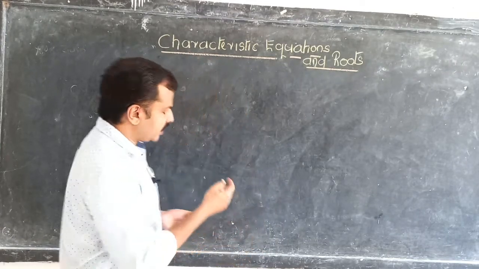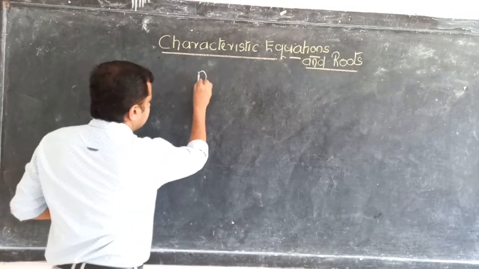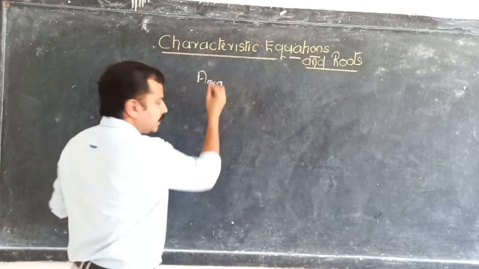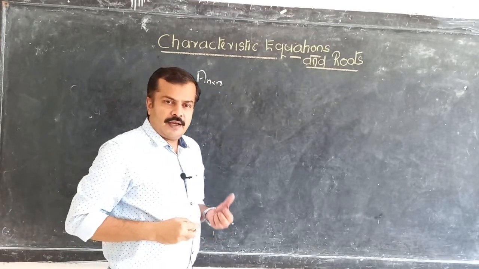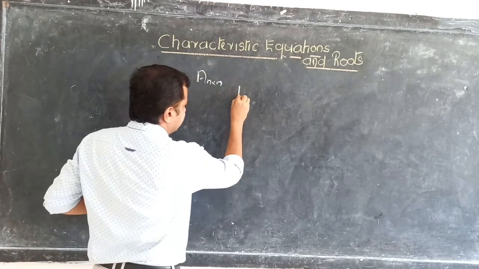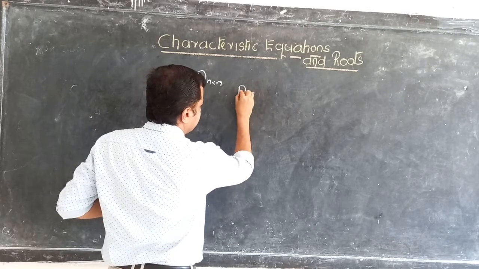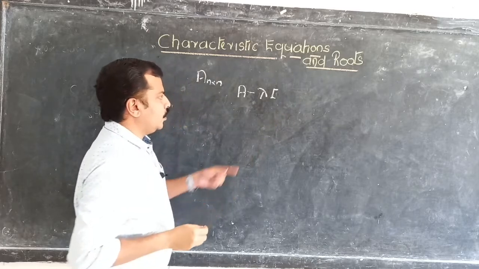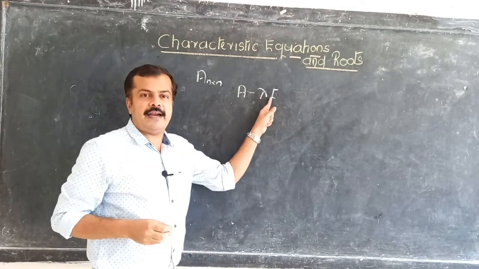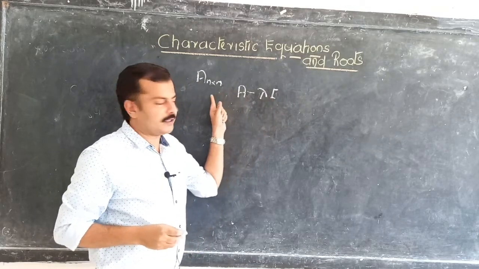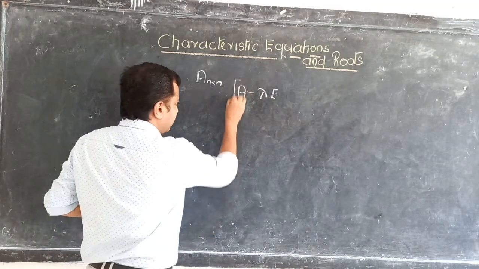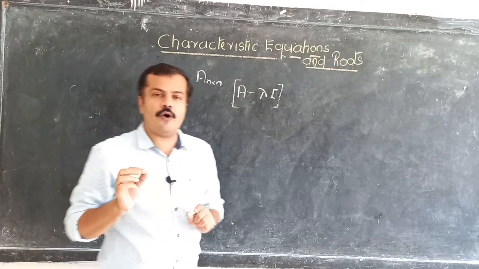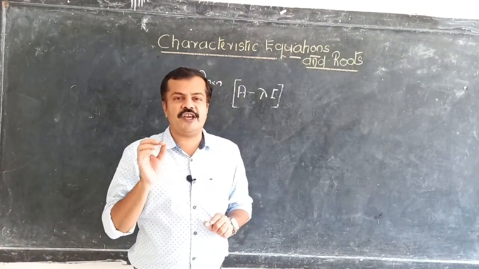Given a square matrix A, say of n by n dimension, if we have a matrix like this, A minus lambda I, where I is an identity matrix of the same order as that of A, this matrix A minus lambda I is called the characteristic matrix.